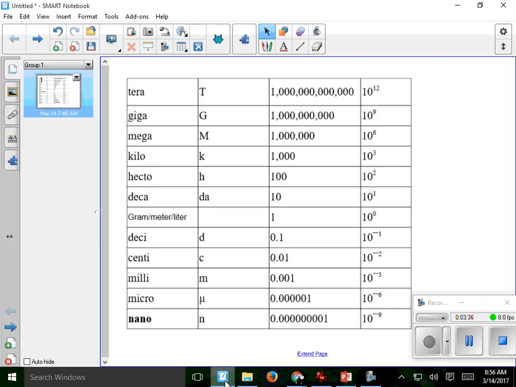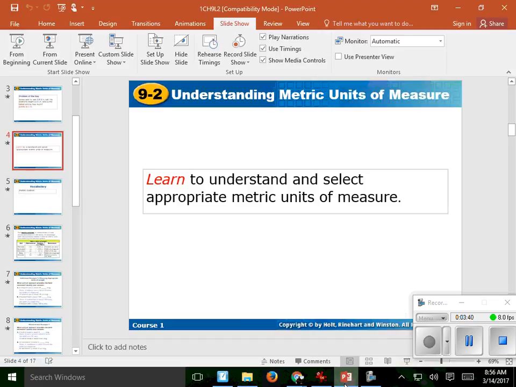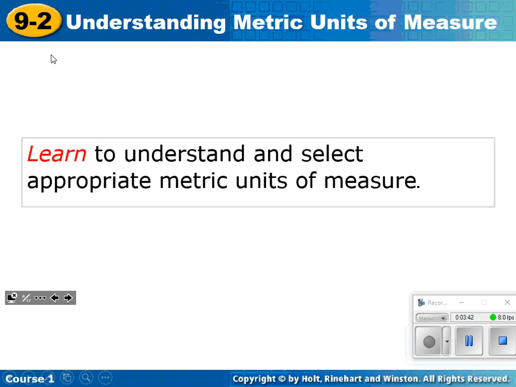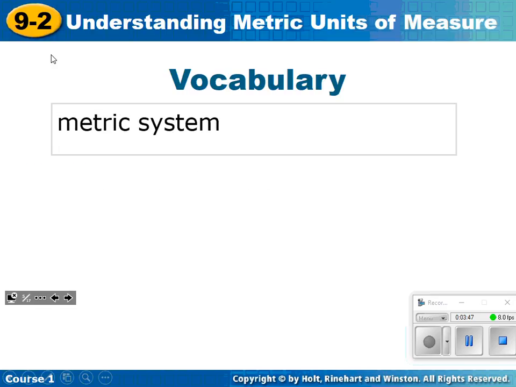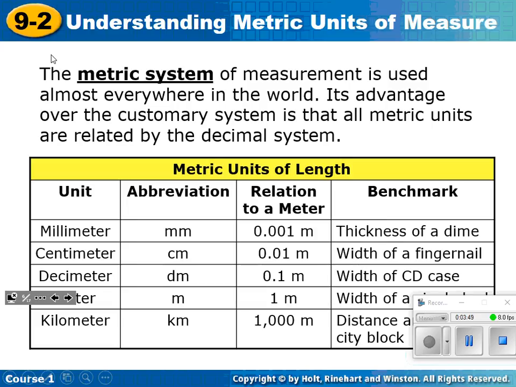Now, I just want to give you an idea of some of these things in the metric system. Units of length. We got a millimeter, centimeter, decimeter, meter, and kilometer.